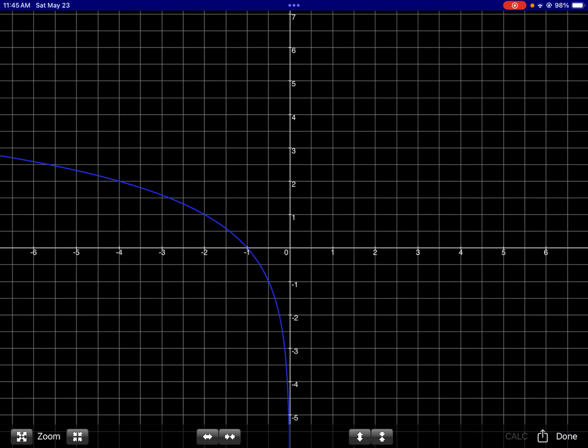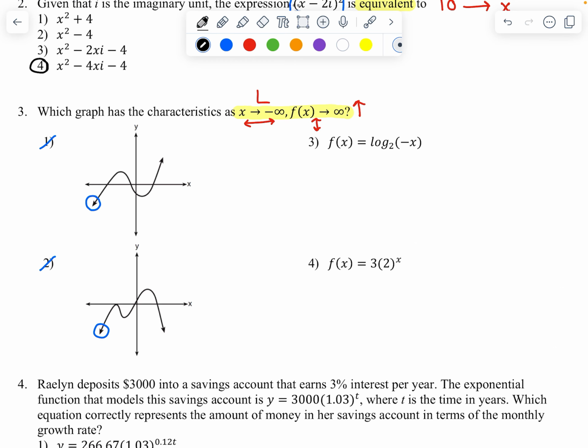And when I graph it, it kind of has this little hook to the left, and kind of looks like that. So when I look to the left, does it show that it's going up? Looks good to me, but I'm just going to double check with my last one.